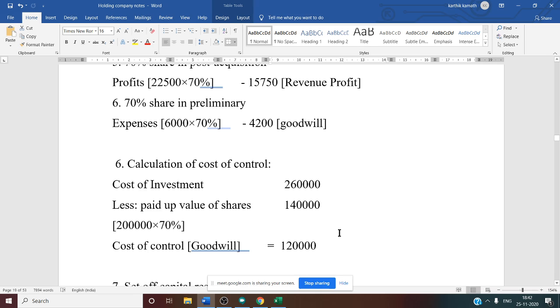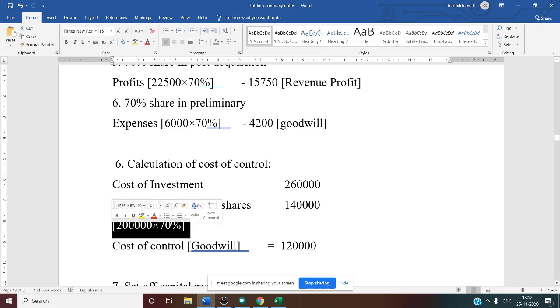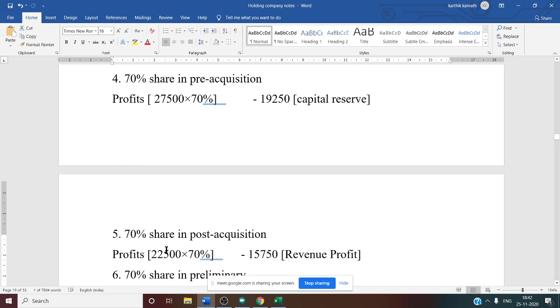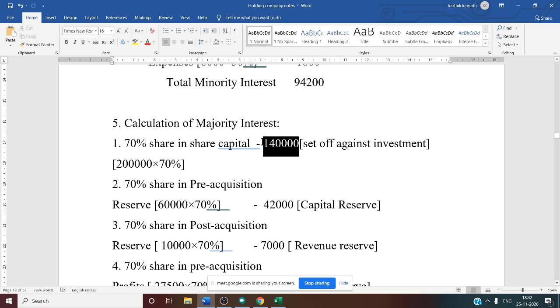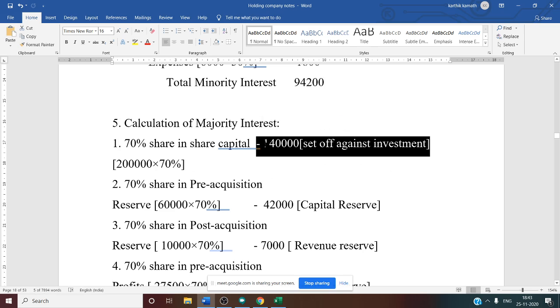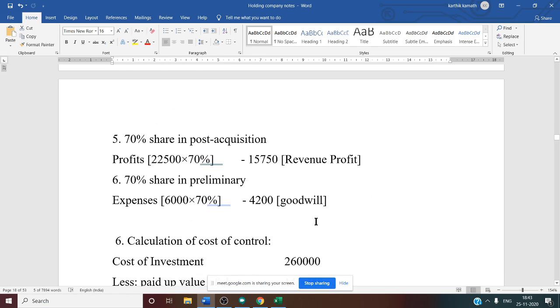The paid up value of share is 2 lakh into 70%. Why 2 lakh into 70%? This 2 lakh is the subsidiary company share capital into majority share. Or else you can see the majority interest first point answer, that is why we have written set off against investment. So this is nothing but paid up value. 1,40,000 is our paid up value.